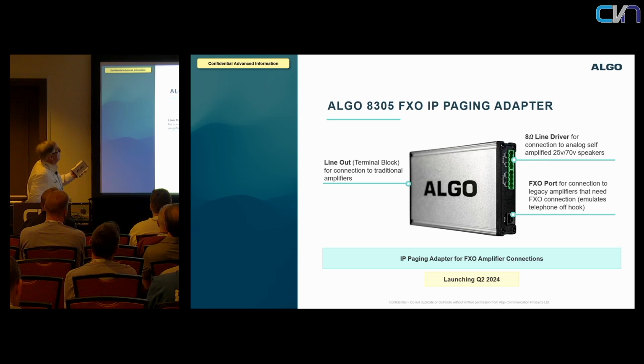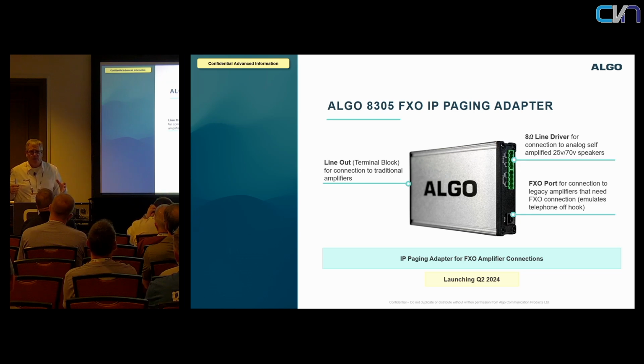This device here, the 8301, has a balanced line output. When you get into these environments, you'll see companies like Telcor, who make the Telecenter, and Rauland. All of these companies built these big refrigerators. They were basically analog paging systems, phone systems. So we've built the 8305.